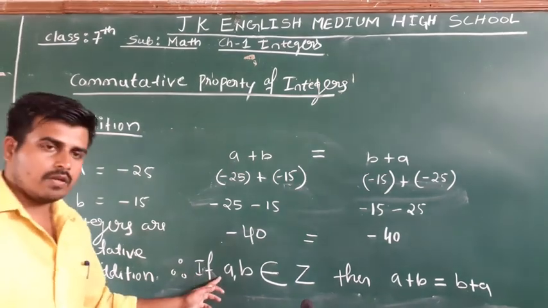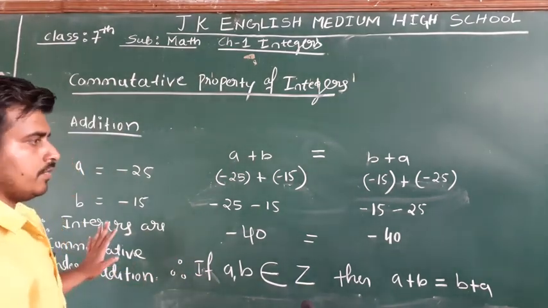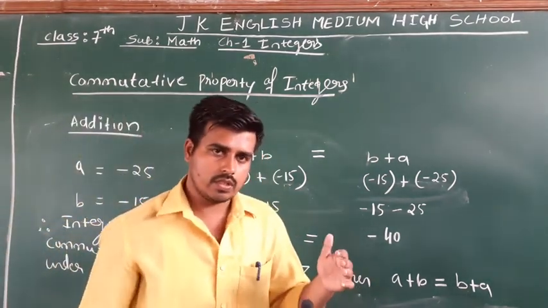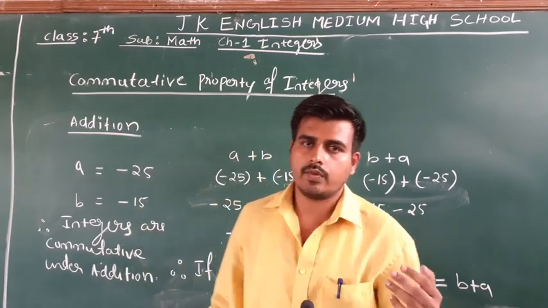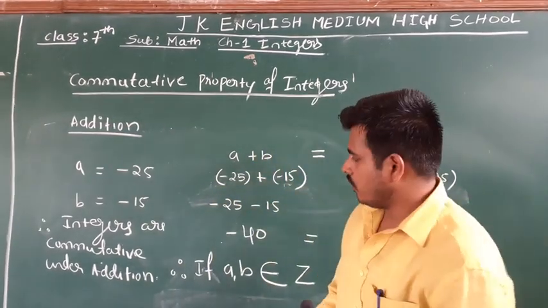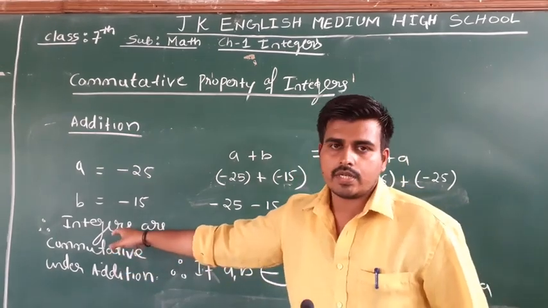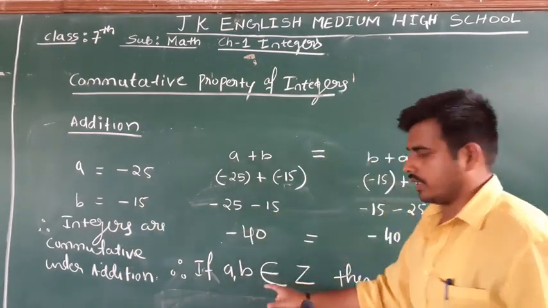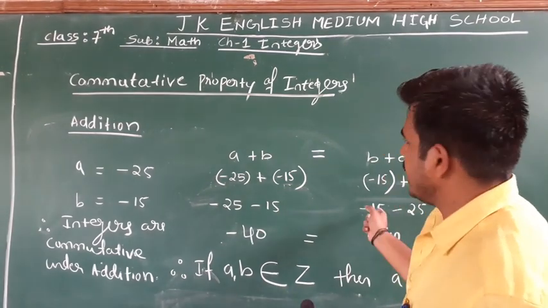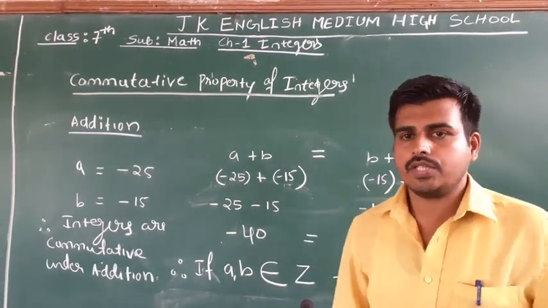This is the mathematical form, and this is in words, just as we can write 15,000 in numbers and also in words. Likewise, the meaning of both these statements is the same. This statement is in words, and this statement is in mathematical form. That's it. Integers are commutative under addition.